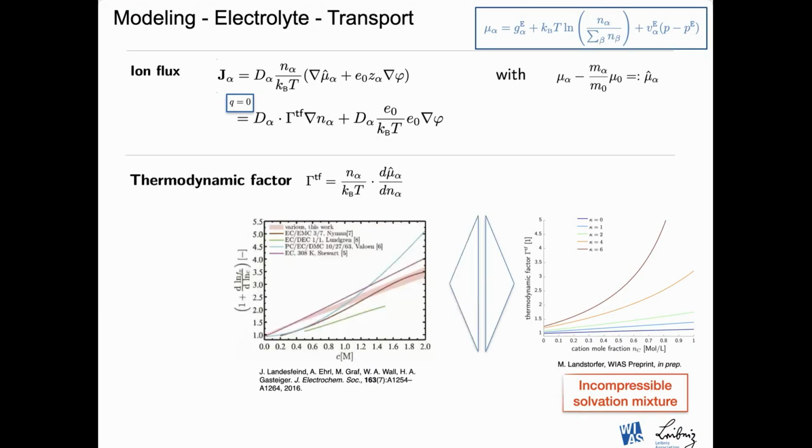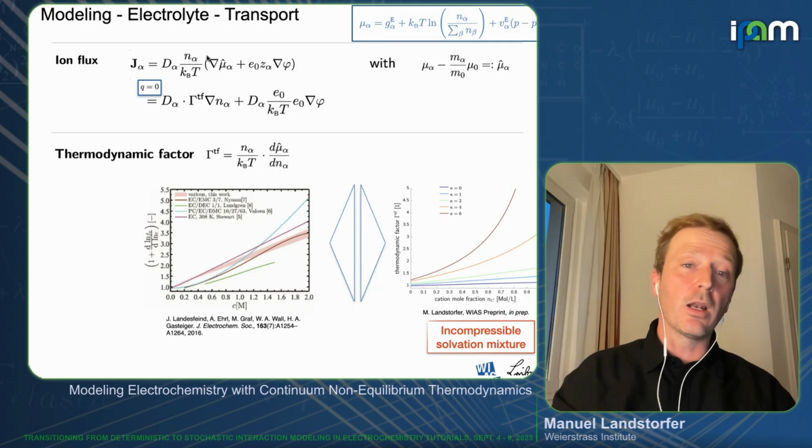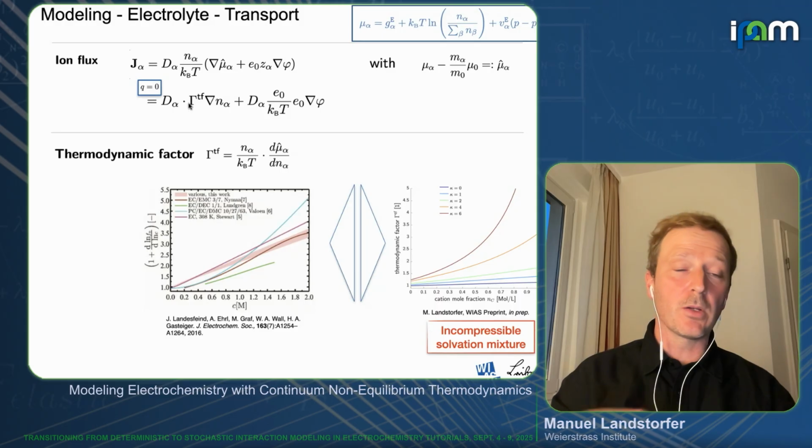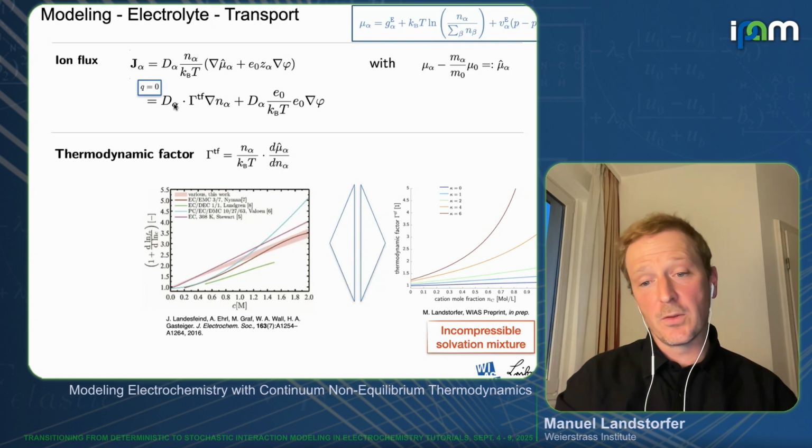And by accident, I found out that people from Munich University, Hubert Gasteiger's group, can really measure this thermodynamic factor, and we are in quite good agreement. So this thermodynamic factor is really a prediction based on this solvation mixture model, and this is what they measured independently from diffusion experiments. So this is also a nice hint showing what you can actually learn from capacity measurements: once you have determined mu, you already know a lot in terms of concentration dependencies of the non-equilibrium part, in the sense of concentration-dependent diffusion coefficients.